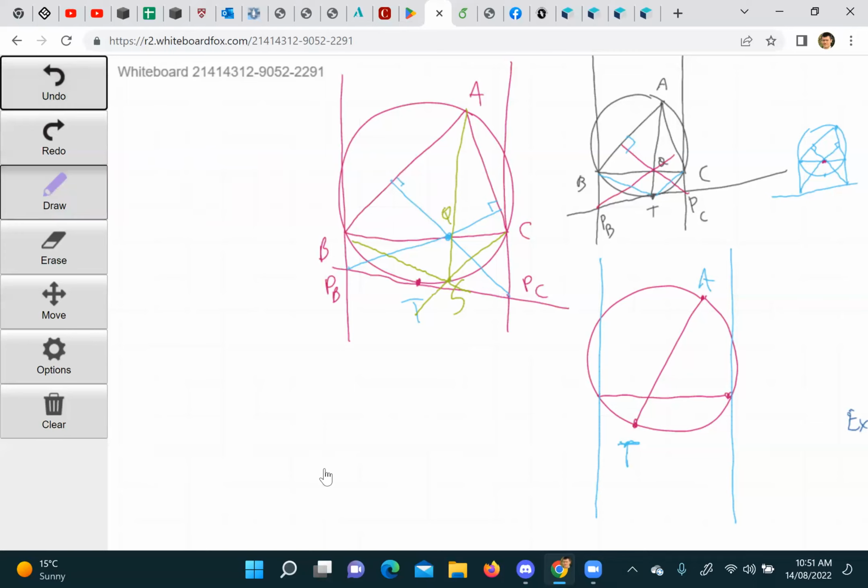Yes. So you want to prove those four cyclic.